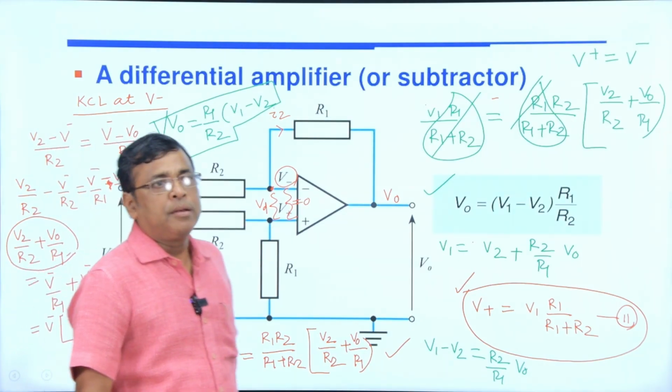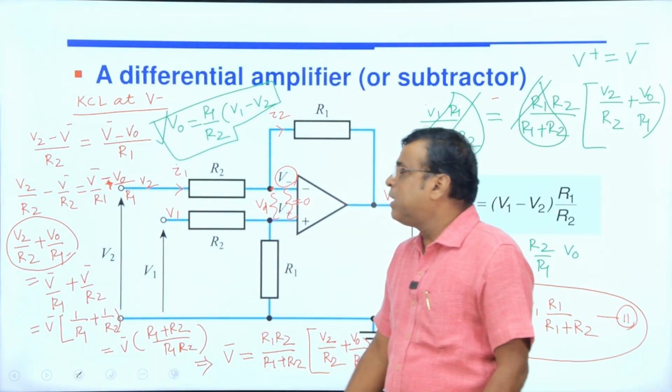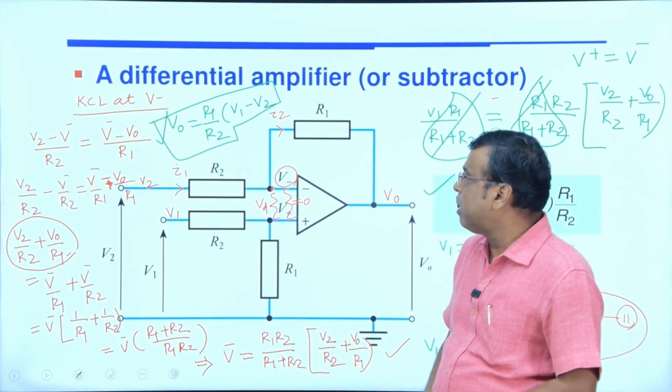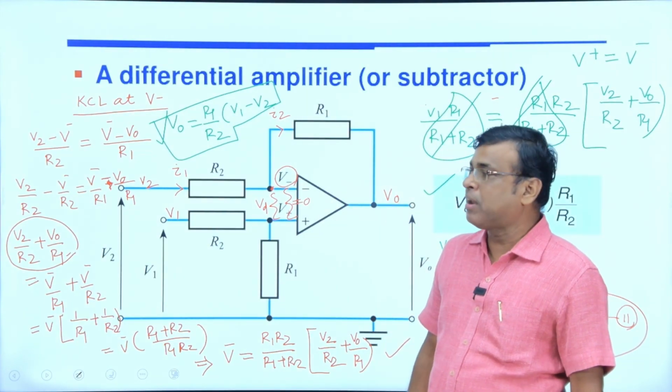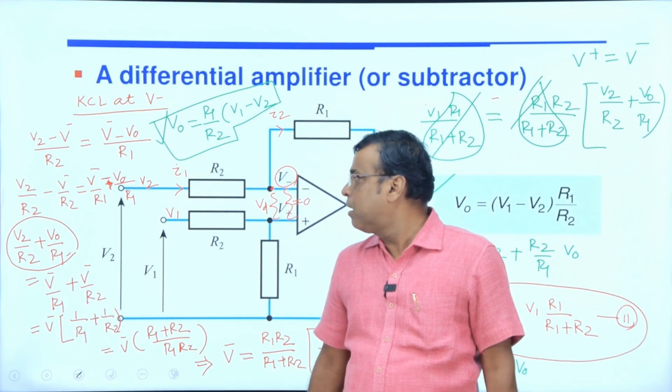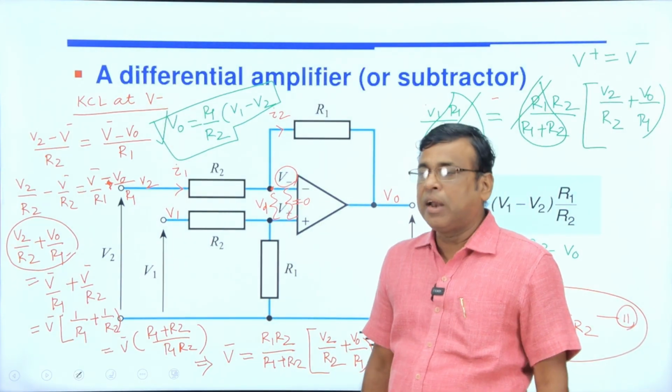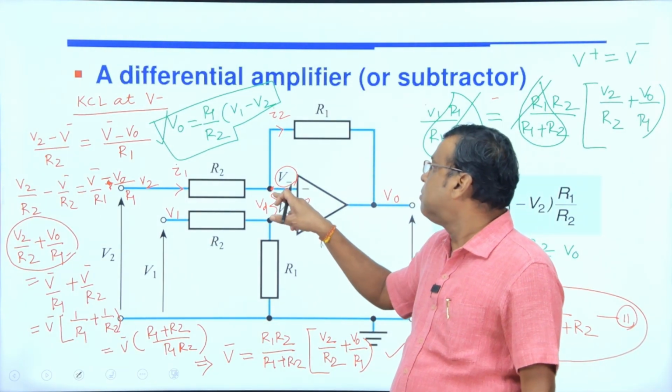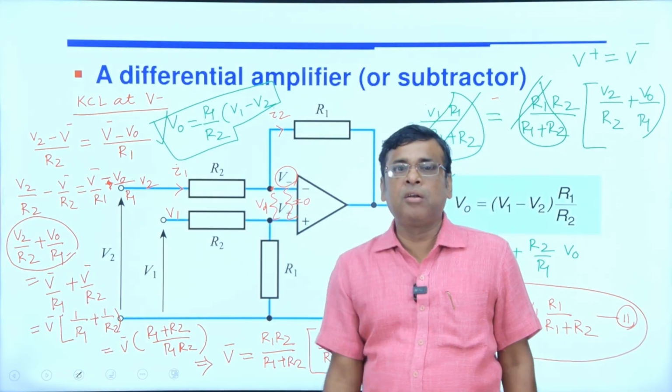So what does it mean? It is a differential amplifier. In the previous class on operational amplifiers, we discussed op-amp as a summer and op-amp as an inverter, where we apply the input voltage to the inverting terminal or the non-inverting terminal.